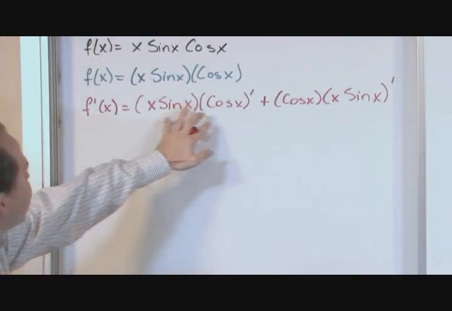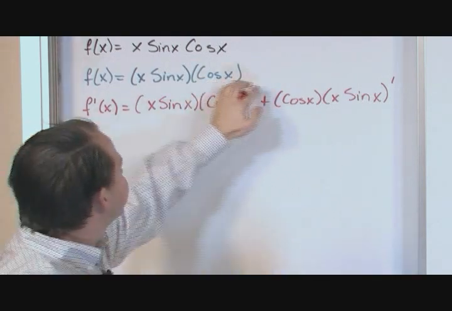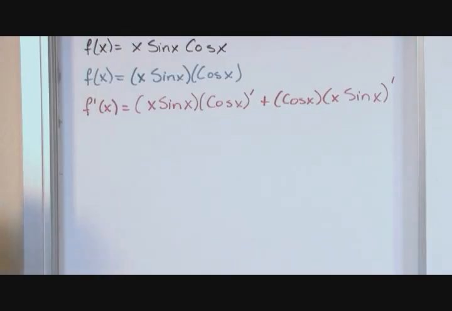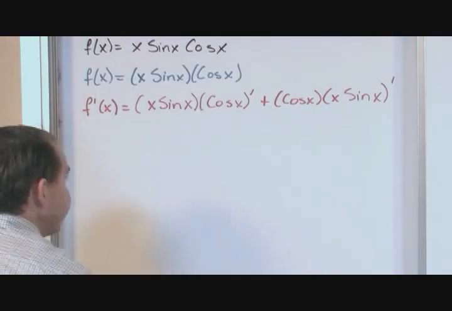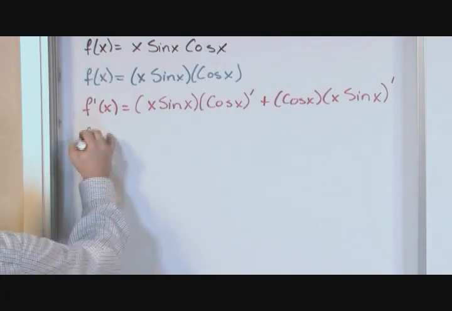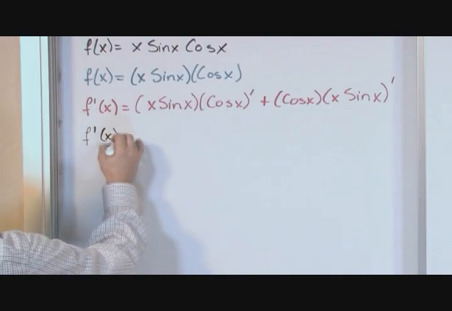So the first function times the derivative of the second, plus the second function times the derivative of the first function. Now, even if you don't do anything else on your test, your professor will give you some credit even for writing that down, even if you don't know what to do next. But let's just take it one step at a time.